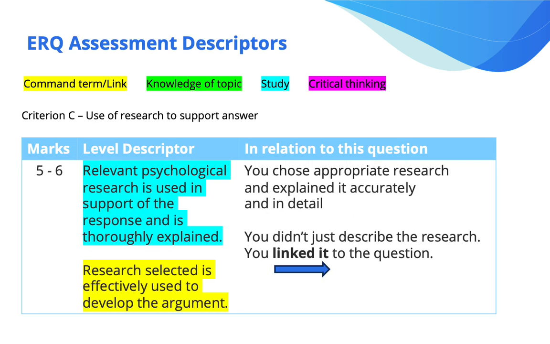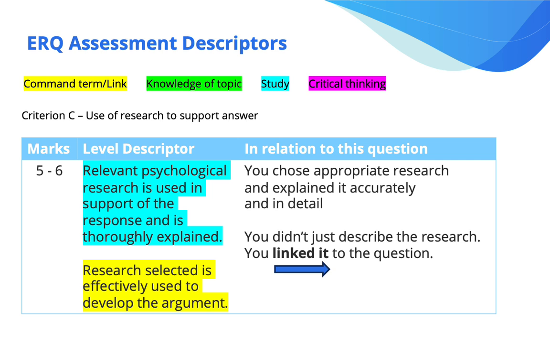Criterion C is normally the criterion that students do really well in because they've learnt their studies and they include relevant research in their responses. But students are often not scoring at the top mark band for criterion C because they're just putting studies in and not actually linking them to the question. So to score in the top mark band for criterion C, you need to use appropriate research, explain it accurately and in detail, and make sure you link the research to the question.